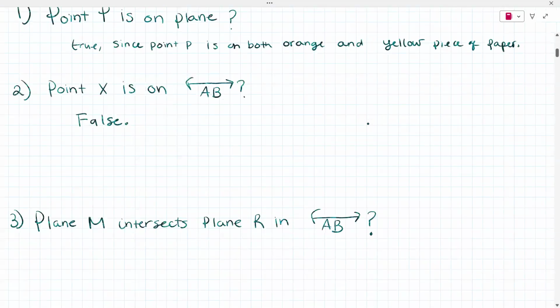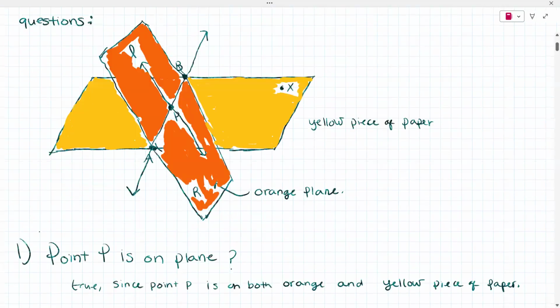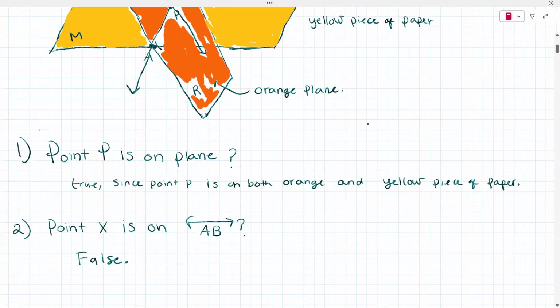Okay, number 3, plane M intersects plane R in ray AB. So plane M, where is plane M? Oh, it should be right here. This should be M. So the yellow piece of paper is plane M. So does plane M intersect plane R?